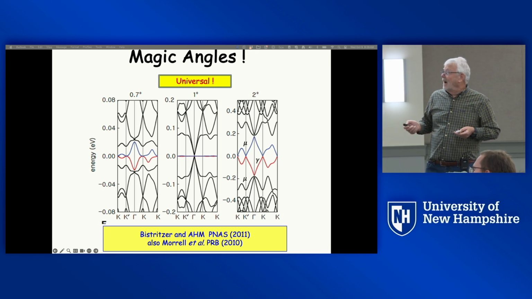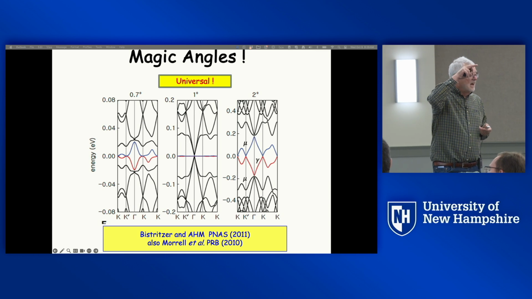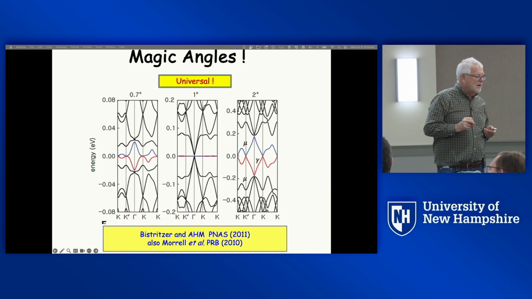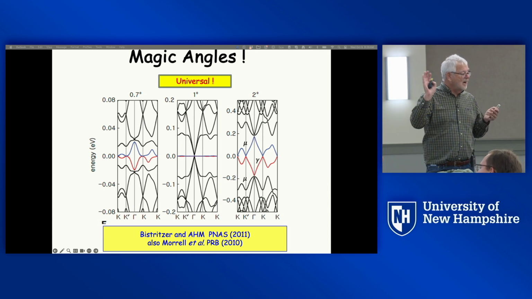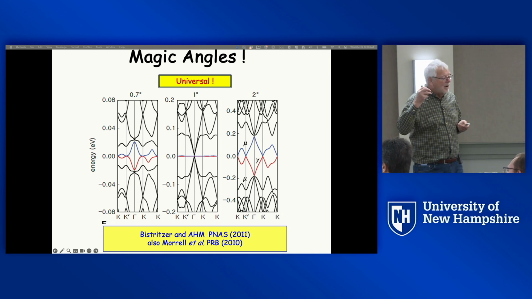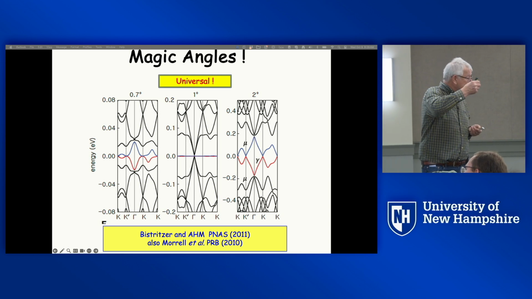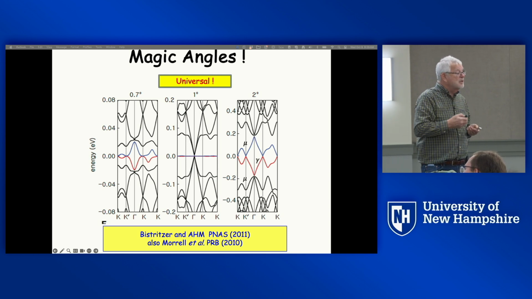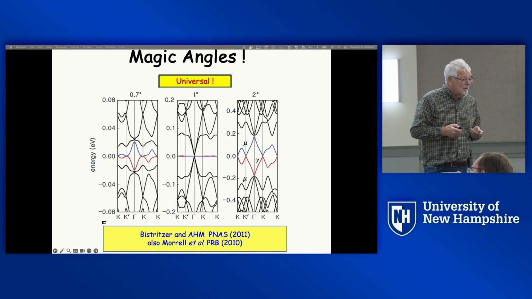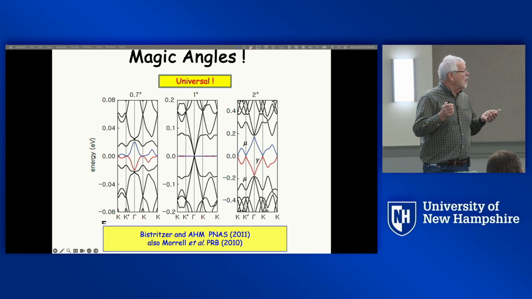Okay? As you go to smaller and smaller twist angles, the strength of this tunneling between the layers, which turns out to be on the order of 100 millielectron volts, becomes more comparable to the change in energy within each layer when you get from the momentum boost. And when they become comparable, the layers become strongly coupled.